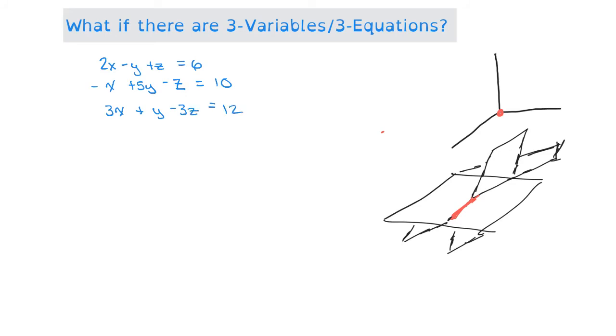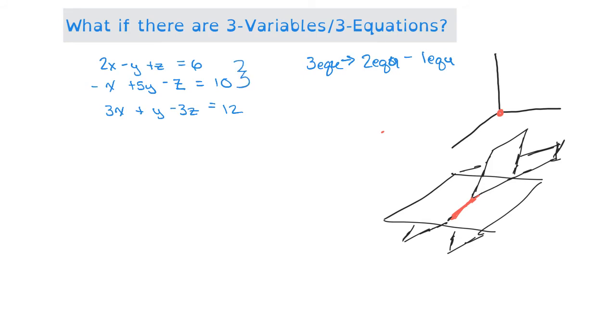Okay, so the rule of thumb when you're doing the elimination method is you want to be able to go from 3 equations to 2 equations to 1 equation where it's 1 variable and you got it solved for. So we're going to look at this and we're going to figure out, okay, what variable can I eliminate? Well, if you notice in equation 1 and 2, they have opposite z values.